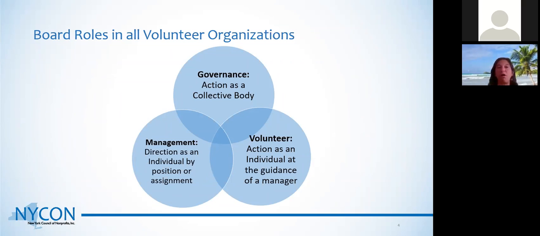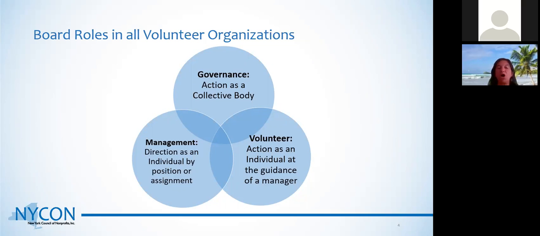many of you are all volunteer organizations. And I think that it's always a challenge for organizations to think distinctively about what constitutes the work of the board in its governance capacity, with the board acting as a collective body where no one has individual rights or the ability to make unilateral decisions, right?